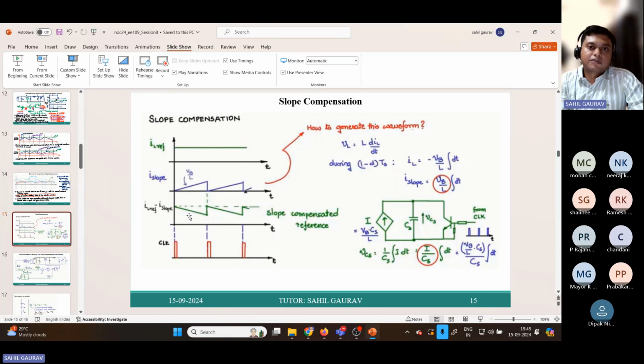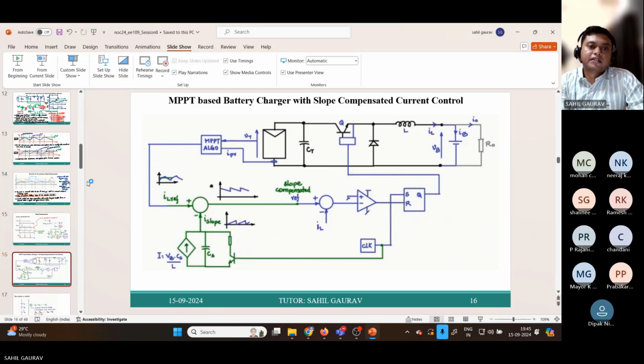Coming to the next part: in this circuit we have this MPPT battery charger and this slope compensated current control. All the things we have studied are implemented here.